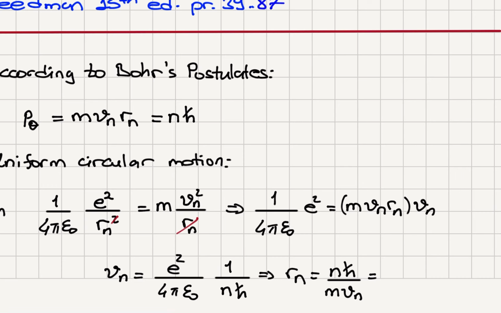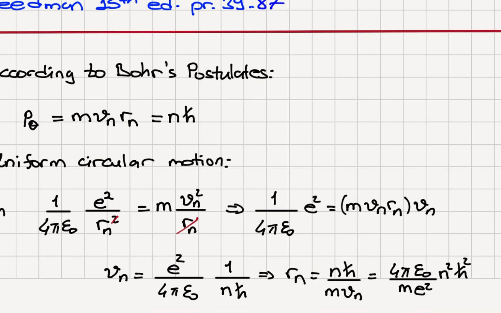So we will get for 1 over v, 4 pi epsilon 0 n h bar divided by e squared. But here I have mass times that, so this is going to be m e squared. And then I already had an n h bar here, so n h bar will be multiplied with this n h bar, so I will have n squared h bar squared.